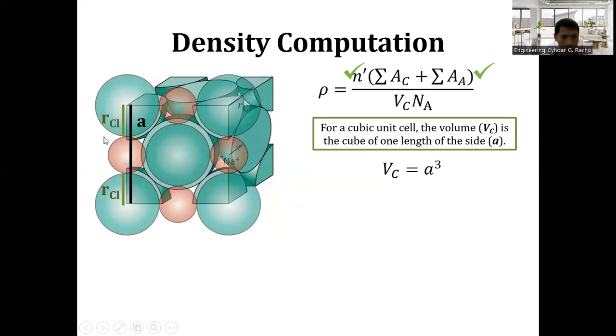This one is the diameter, so you just need to multiply 2 with the radius of your Na.